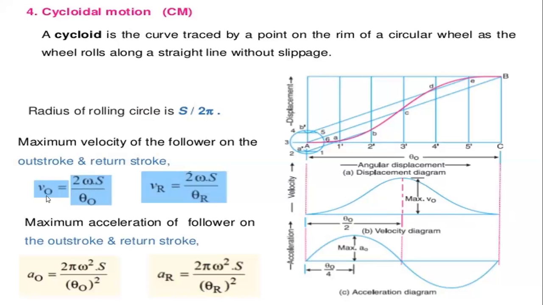The maximum velocity for the outstroke is taken at the center position. Then we draw the curve here. And for the acceleration diagram, we need to take separate loops for the outstroke and the return stroke.